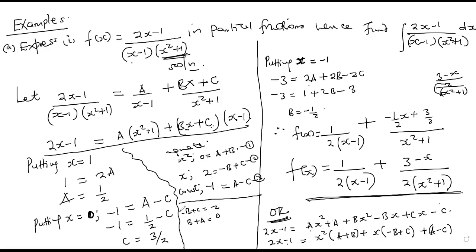By adding these two equations, negative b plus b gets 0. So you'll have c plus a is equal to 2.